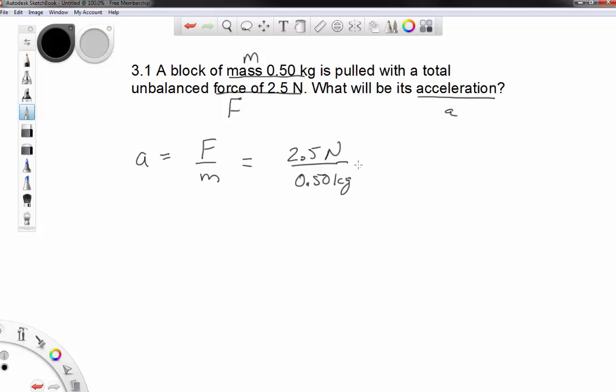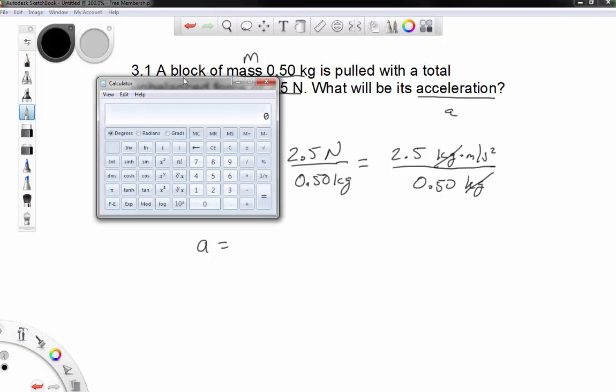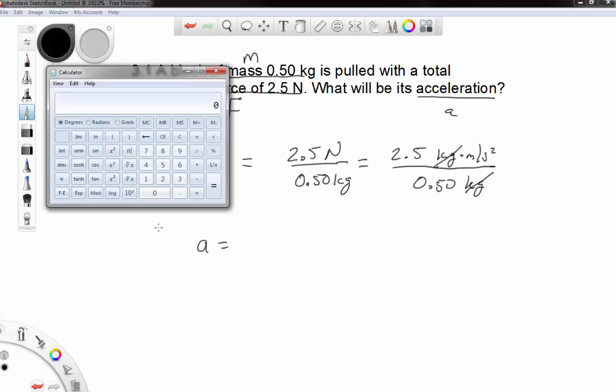And remember, with unit analysis, that a newton you can also write as a kilogram meter per second squared. And so our kilograms on top and our kilograms on bottom should cancel. And so your acceleration should be 2.5 divided by 0.5. If you need to, you can use a calculator to solve this at this point. It's just plugging in numbers. 2.5 divided by 0.5 should give us 5.